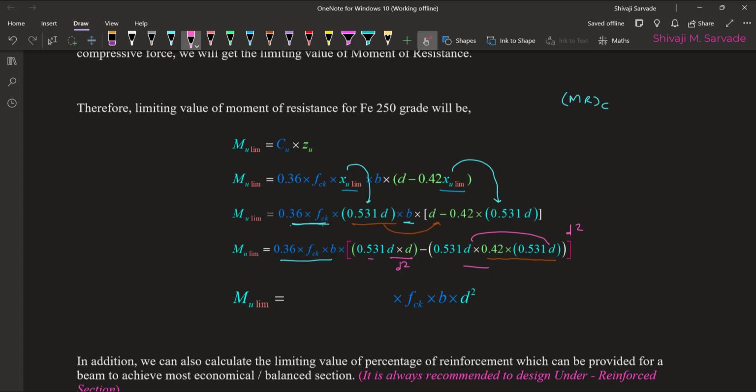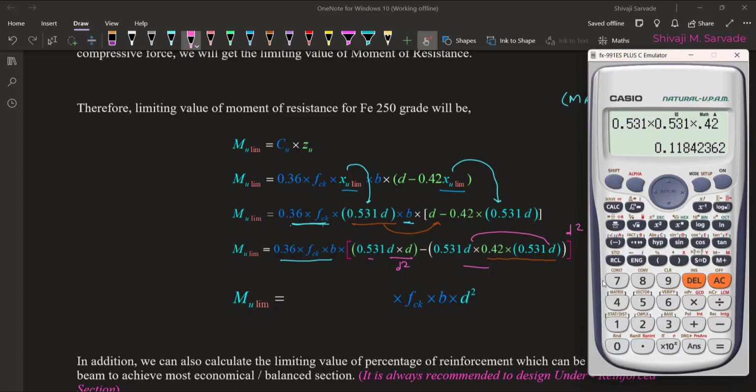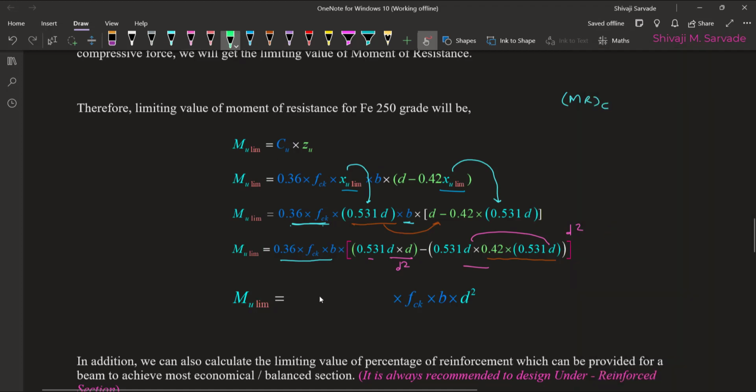So I can subtract it from 0.531: 0.531 minus the answer will give us 0.412. Now this bracket is simplified, into 0.36, so that gives us 0.1485. So that is another very important value that you will have to remember.